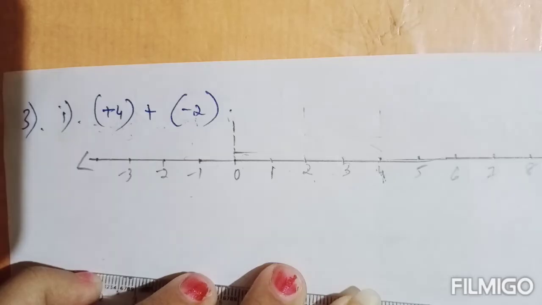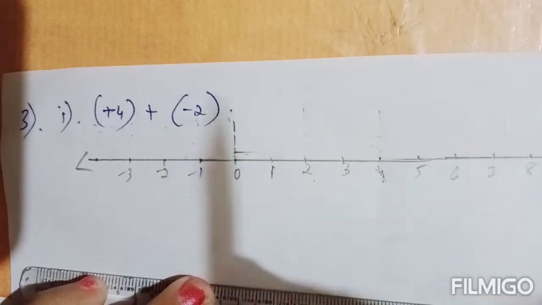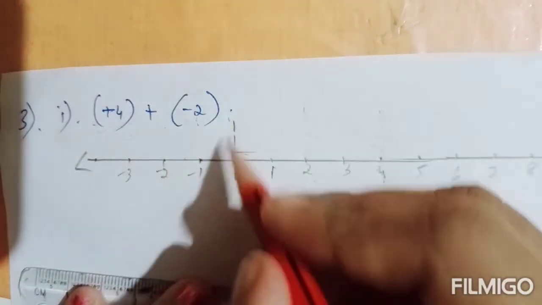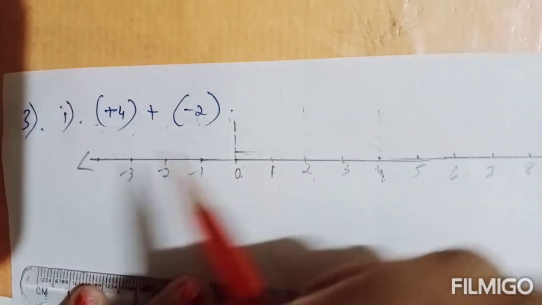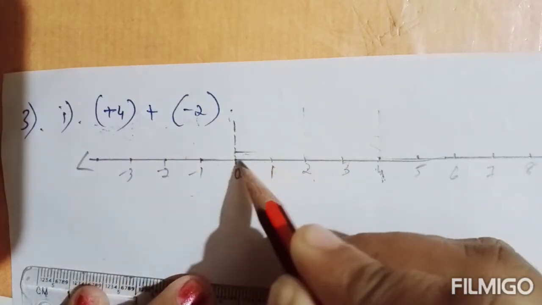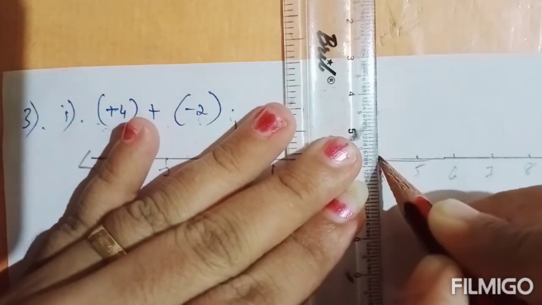Okay. Now third question, first one. Plus 4 plus minus 2. Okay, so the first integer is plus 4. So starting from 0, you can move 4 units to the right. Okay, it is positive 4, so move towards the right. So this is 1, 2, 3, 4. You will reach at 4.